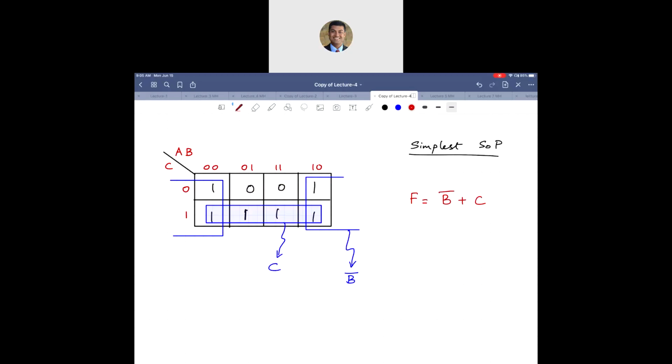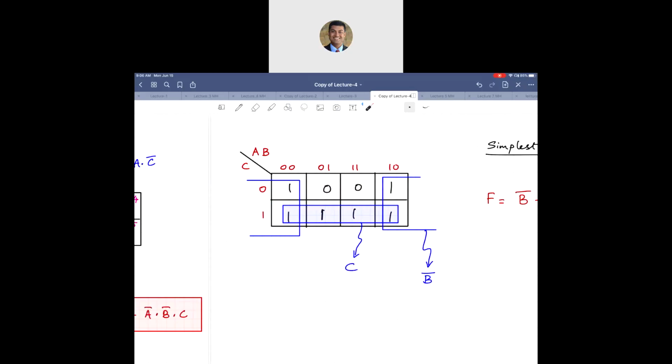So you can combine, well, in this case, you could also say I can combine the 4 corners. Right, so that's essentially the same thing as edges wrapping around in this case, in the 3-variable case. Now, I want you guys to notice something here. When you made a group of 4 ones, you got 1 literal per product term.